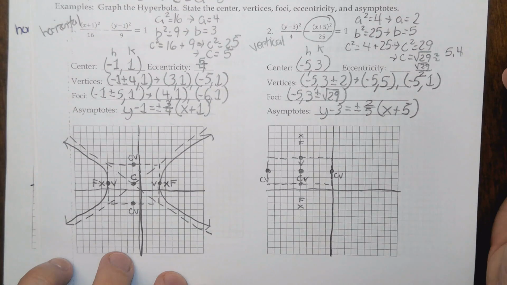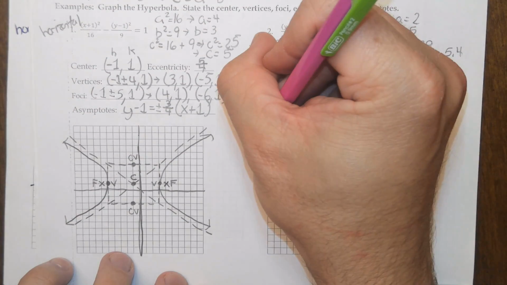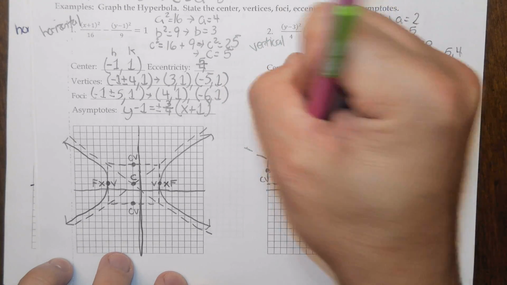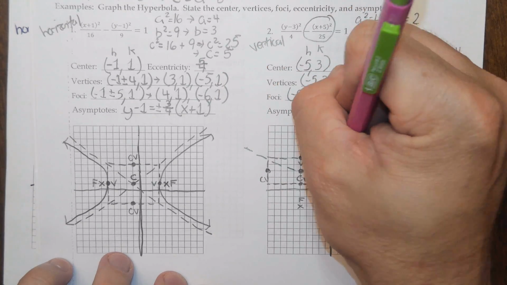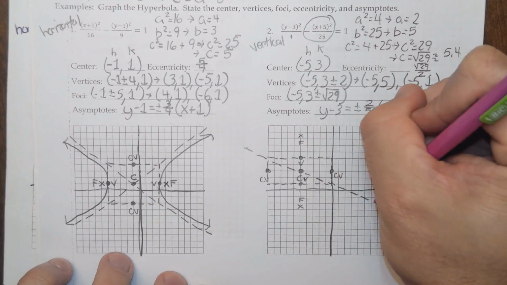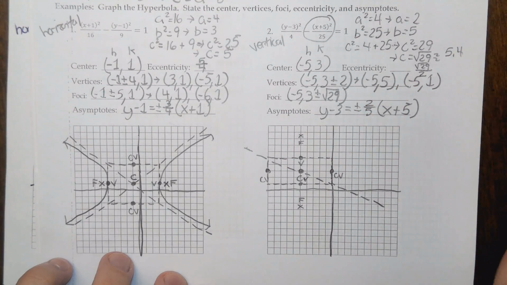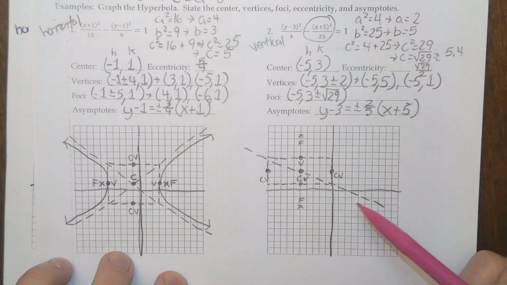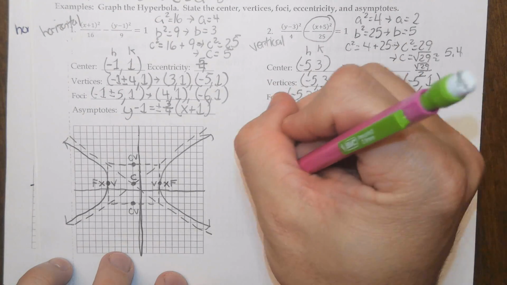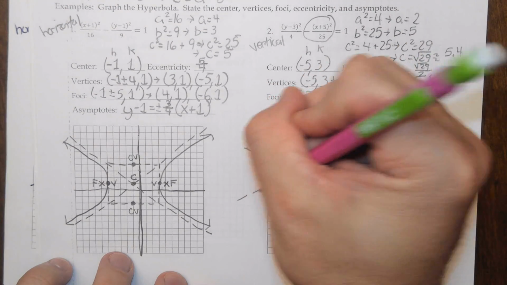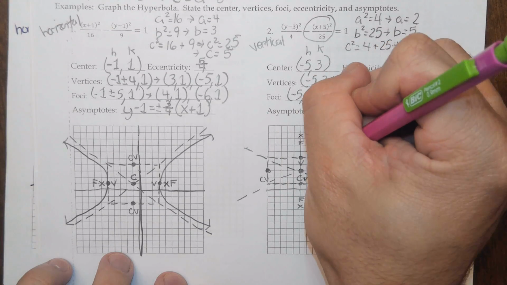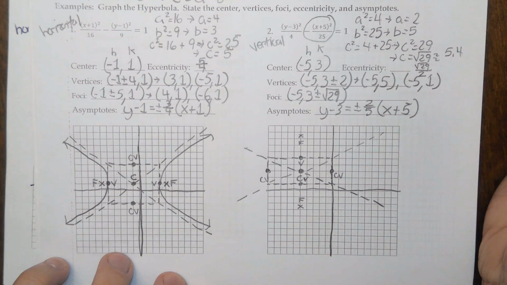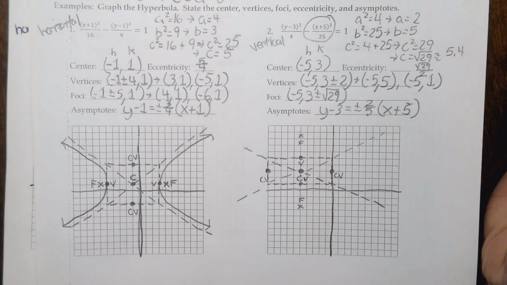Now through each corner, I start top left and draw my slant asymptote through the center, down through the bottom right corner. Same thing here, bottom left to the center, through the top right.